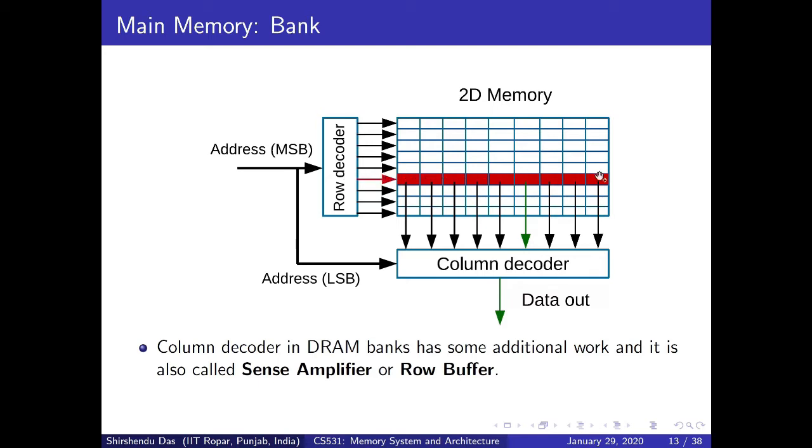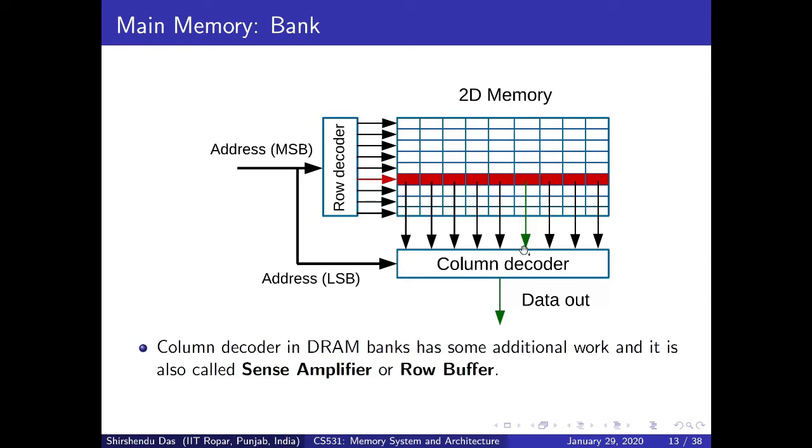That means this word line will be activated, and if this word line is activated, then all the information of this row will be available to this column decoder or row buffer. You can say that this is acting as a column decoder as well as a row buffer. Later we'll explain it in more detail. So now once this line is activated, all the information of this row is available in the row buffer here.